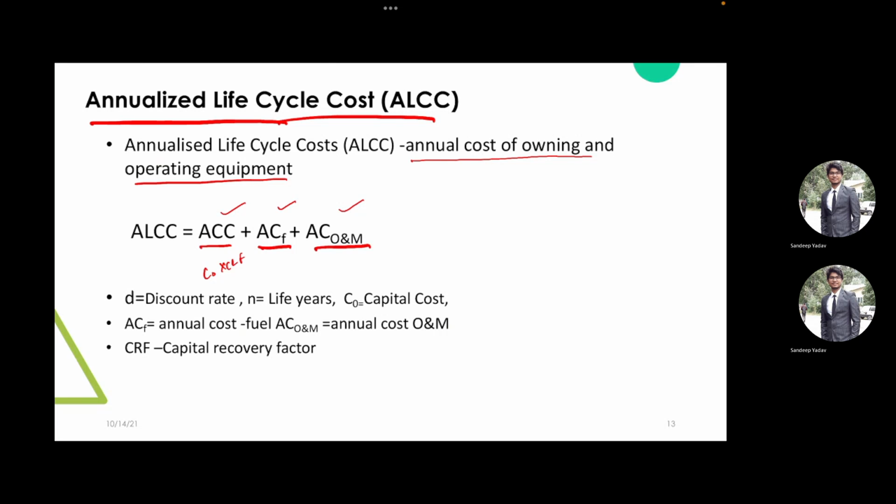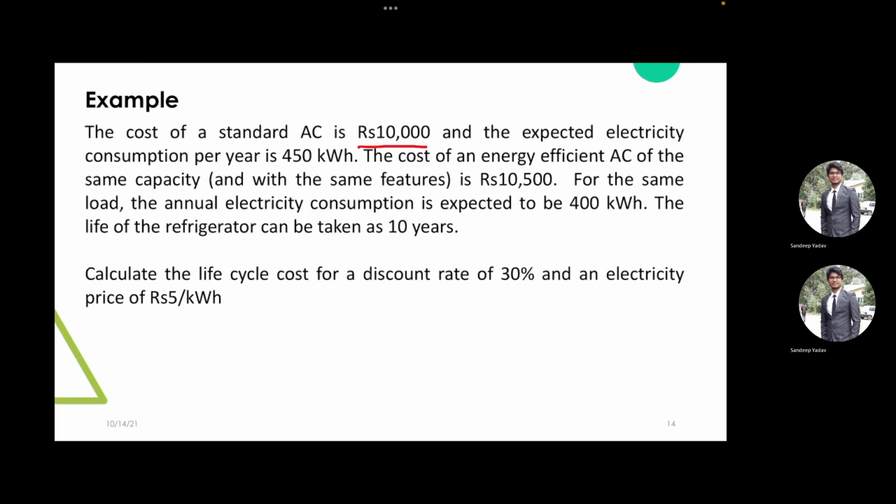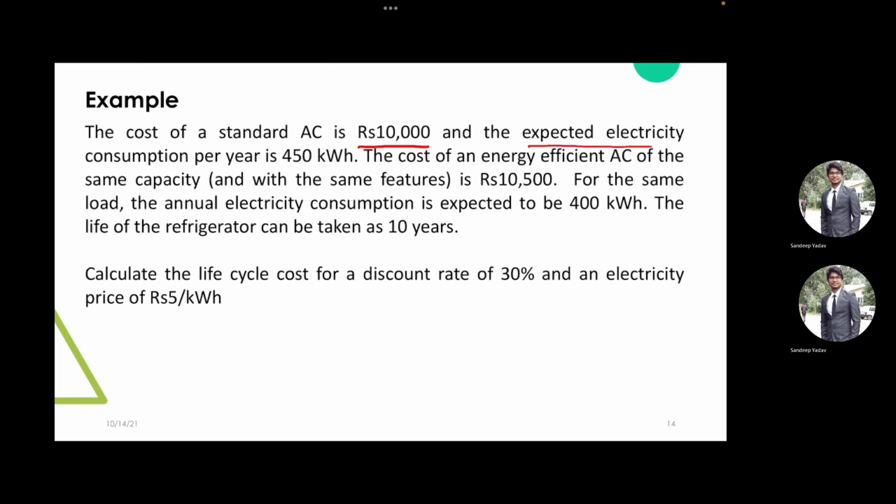Now let's take an example. The cost of a standard AC is 10,000 rupees, and its expected electricity consumption per year is 450 kilowatt hour.